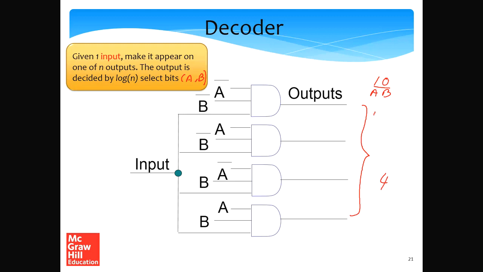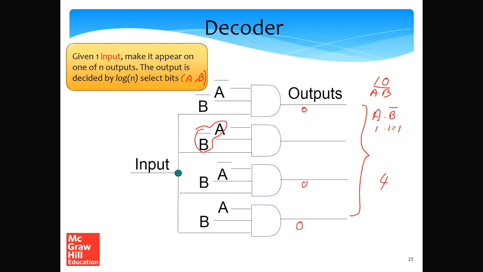A is 1 and B is 0, so this combination, A B bar, is true. 0 complement is 1, so 1 dot 1 is equal to 1. So this particular combination is true. The rest of the combinations are false. Since the rest of the combinations are false, the output that you get is 0, 0 and 0.